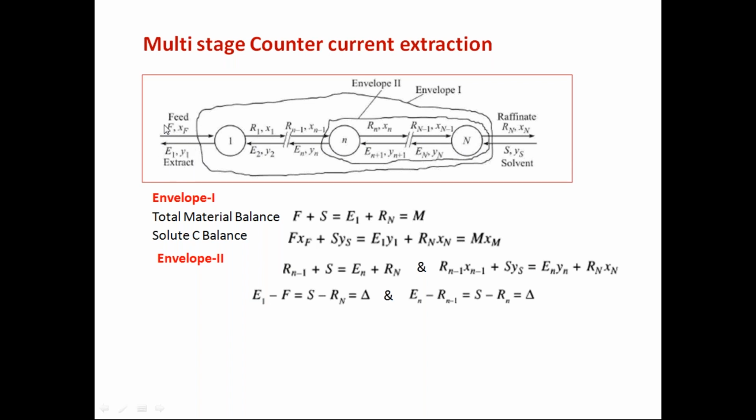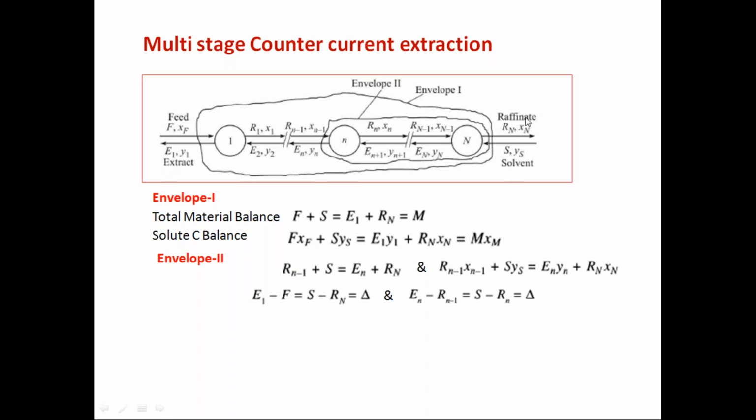If you carefully observe, the feed which is entering will have XF value as its weight fraction. The extract which is coming out will have Y1 as its composition value, weight fraction value. So XF and Y1 values are very high. So you can say that this is the solute high concentration end.